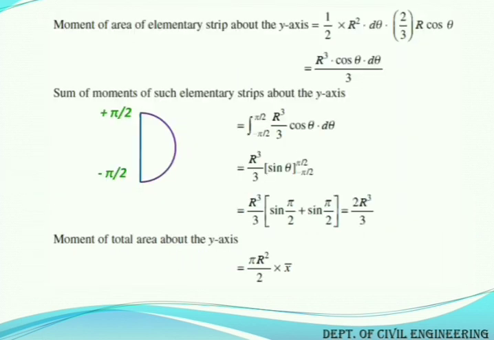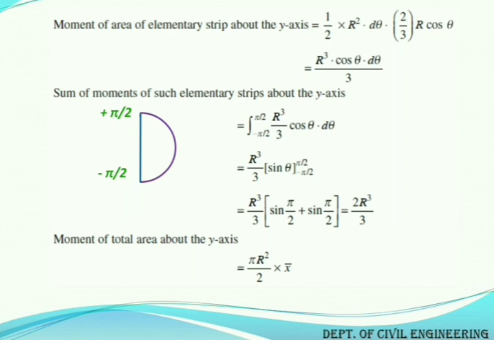So now the same thing in the next step: the moment of the elementary strip about the y-axis is what? Half into r d theta, that r and r is multiplied and made r square, multiplied by the horizontal distance. So what was our horizontal distance? 2 by 3 r cos theta.